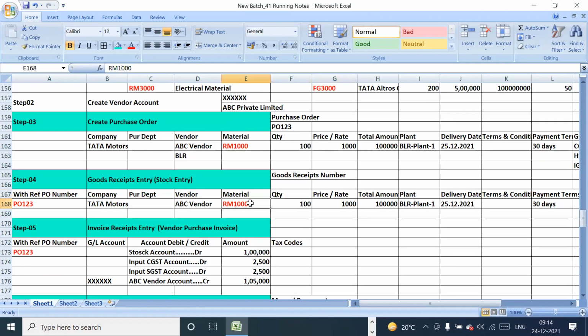If all this information is manual, one thing is it is time taking activity, again something is we are missing the track. I given the order for 100 quantity, but if it is manual input, I can enter here 200 or 1000 quantity. I given the order for material RM 1000, iron material, but if it is manual input, I can enter here glass material.